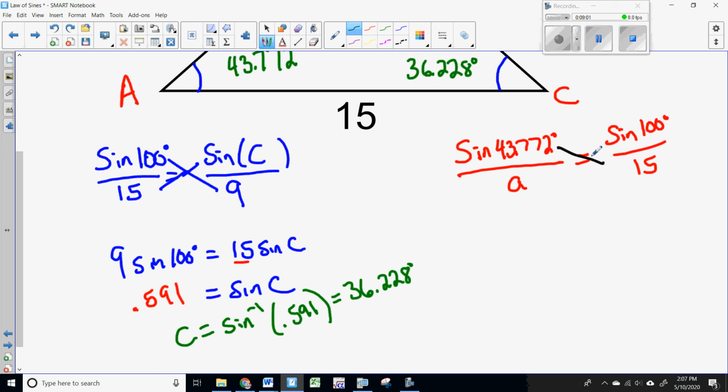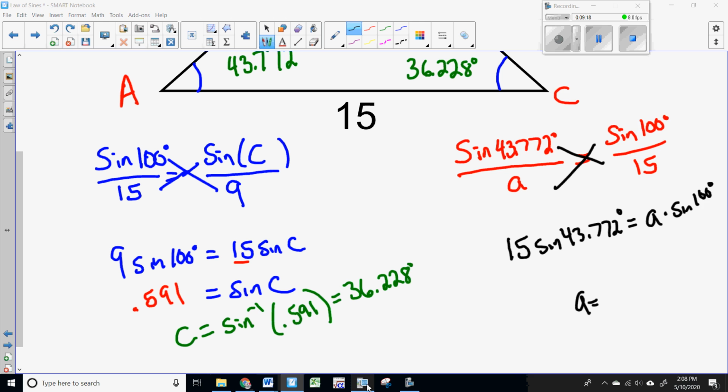We're going to cross multiply. 15 sine of 43.772 equals A times sine of 100.